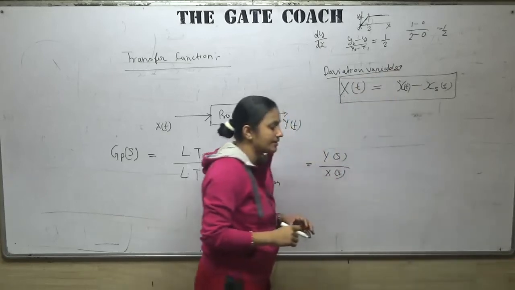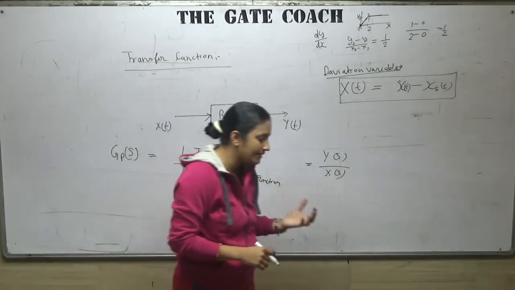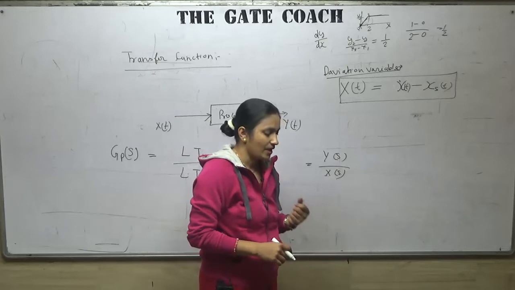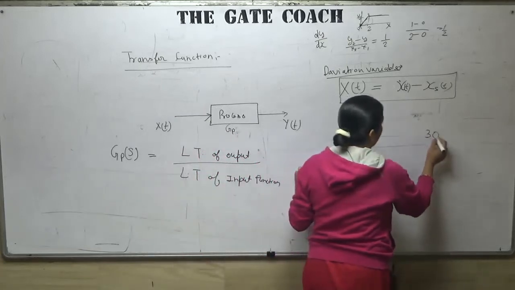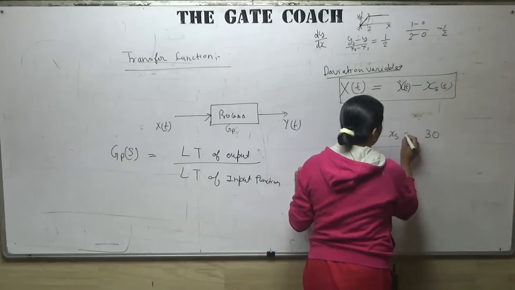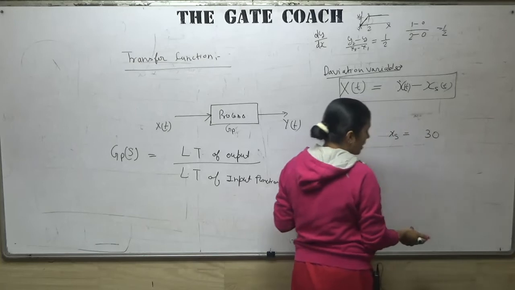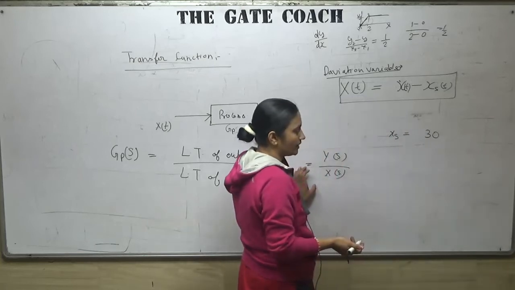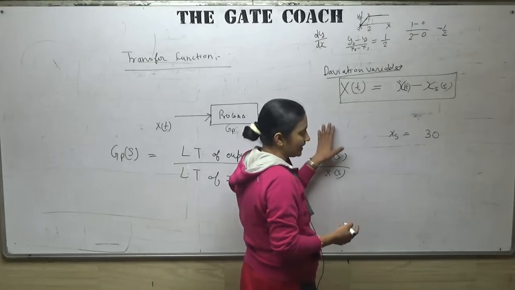Deviation variables means initially you have your thermometer at steady state condition, say at 30 degrees centigrade. After a certain time, you give a step input of 10 degrees centigrade, which means the output should go to 40 degrees centigrade.